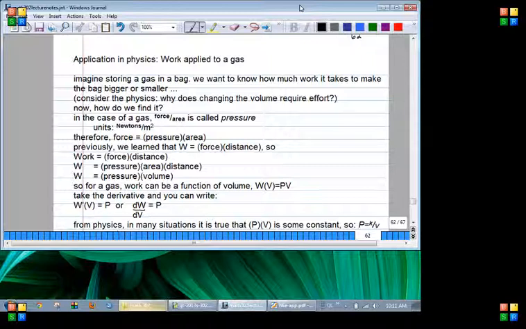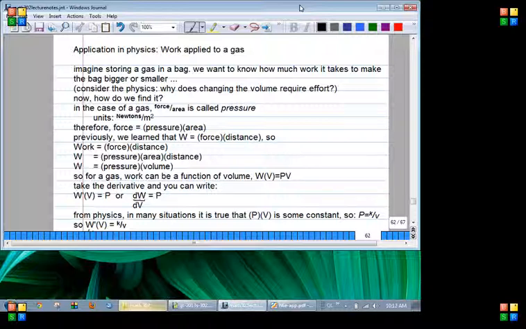From physics, in many situations, it's true that P times V is some constant. Let's call that constant K. So if PV equals K, then P is just K divided by V. So what we have is that W prime is K divided by V, where K is a constant.